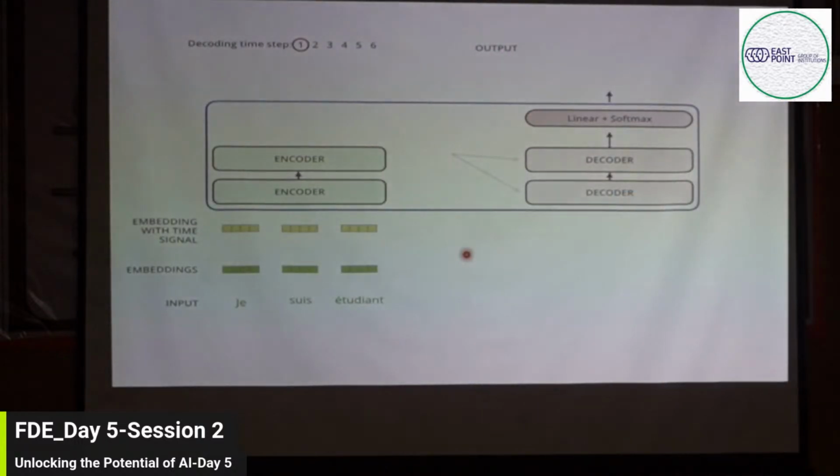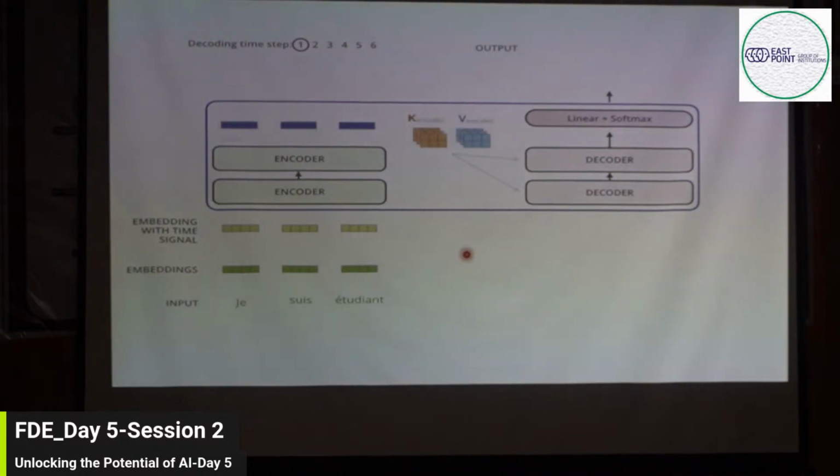Maybe if you just look at this, this is what happens. You embed it with a time. See, this is a word. So here the sentence is "I am a student." Each word enters in, and what happens? There's the embedding that happens here. There's an encoding that happens after that, and then for each word the key, value and queries are fetched, and then it comes with a weightage.